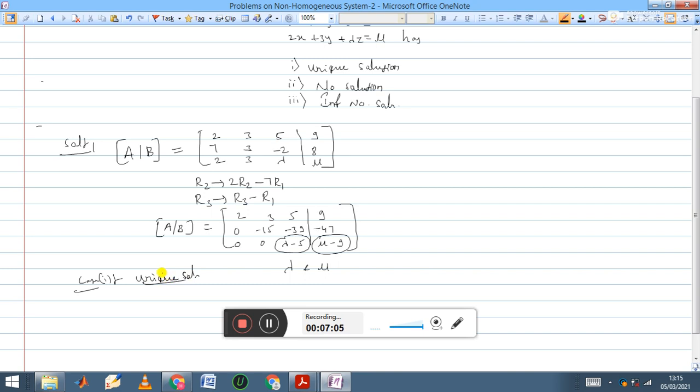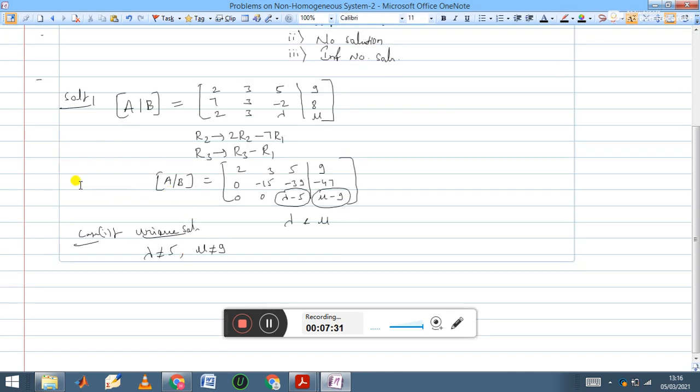Here we can write clearly, if lambda is not equal to 5 and whatever the mu value may be, let us take mu also not equal to 9, then the rank of matrix A is 3, right?